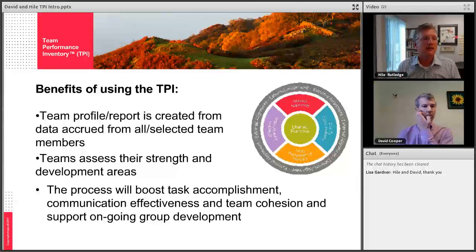The team profile is created from data accrued from all team members. All are invited, and hopefully all team members come together and collectively create this behavioral portrait of the team that reflects strengths and challenges. But the whole process is what's very data rich.